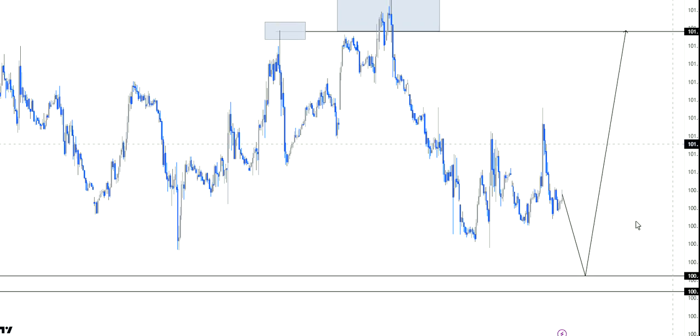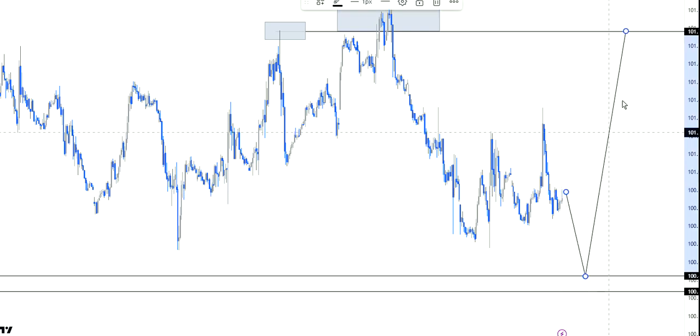You have to wait for the market to reach here so as to buy. Don't sell this market from here to here. This will be very risky for you. So you have to wait for the market to hit this point here, then you will be going with it until this point here. I think you get me.